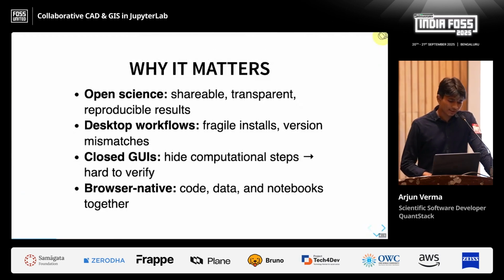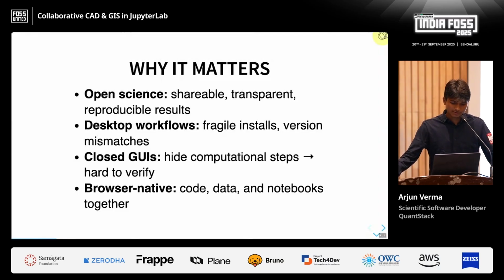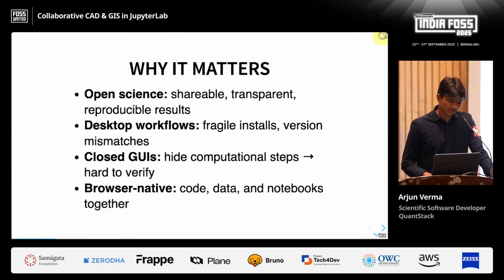So why does it matter? Why did we start to build Jupyter GIS and Jupyter CAD in the first place? Because science should be shareable, transparent, and reproducible at any point of time. But these desktop workflows are quite fragile, dependent on versions and installs and a lot of things going on.